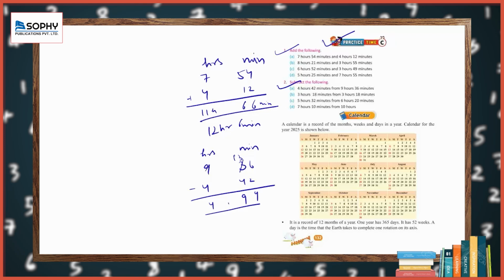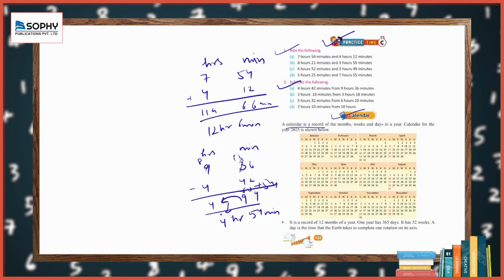So this can be written as, very good students, 4 hours 54 minutes, as we can change it into 60 plus 54. So it can be changed as 4 hours 54 minutes.